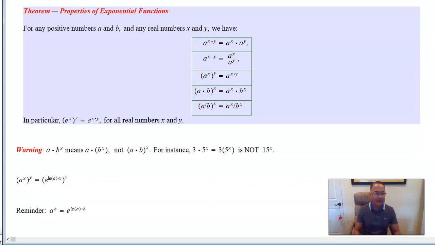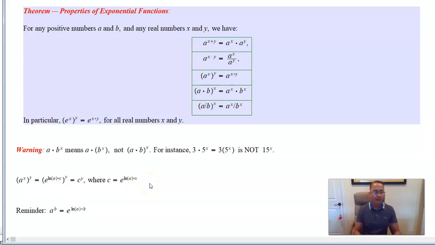However, we have another exponential expression here, so think of this as some number raised to the power y. Let's call it c to the power of y, where c is this thing over here, e to the ln of a times x.